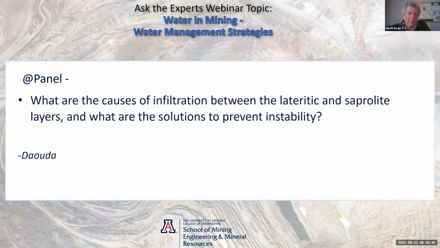So the main answer to the question is, when you have saprolite, look at the fractured rock underneath it, dewater that, and allow the saprolite to drain down. Very few situations allow you to pump enough water from the saprolite, because it has a low permeability. It has a high enough permeability to drain down, but not enough to allow pumping from the unit.